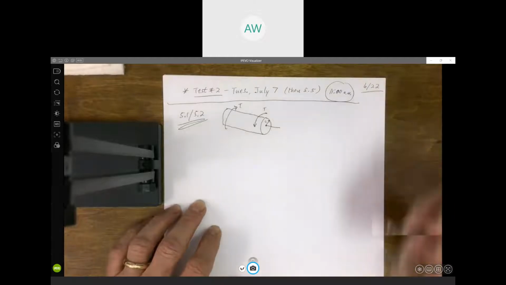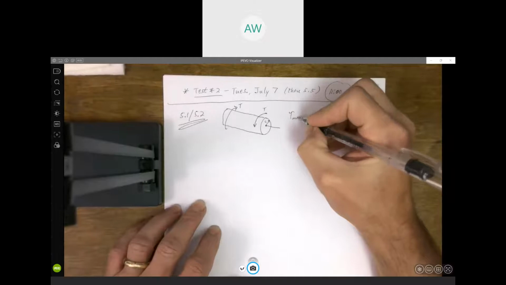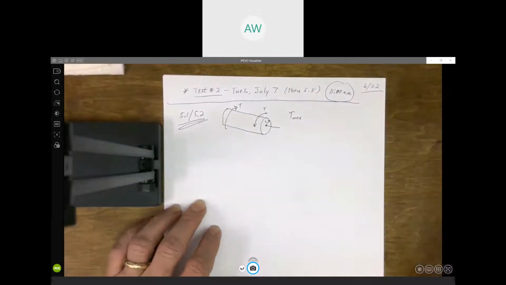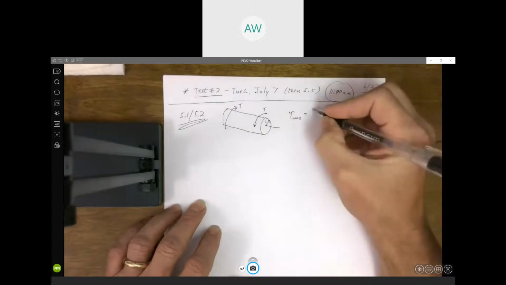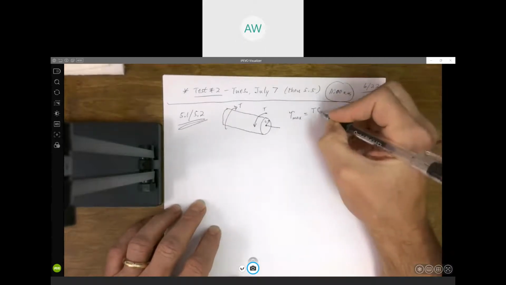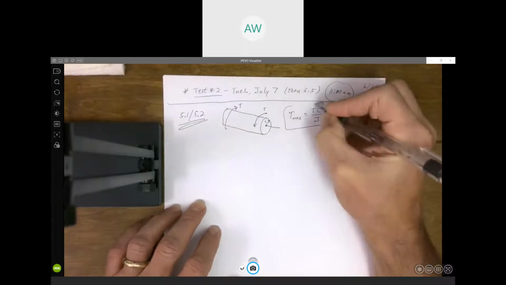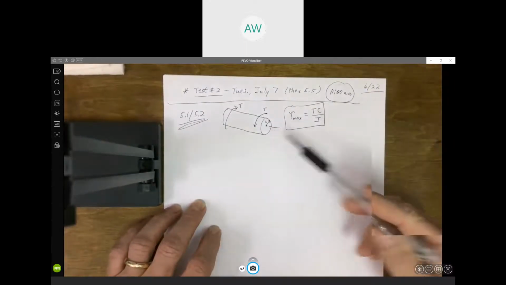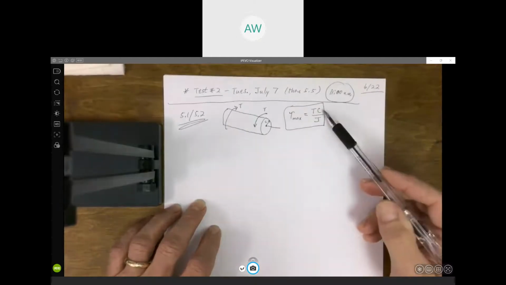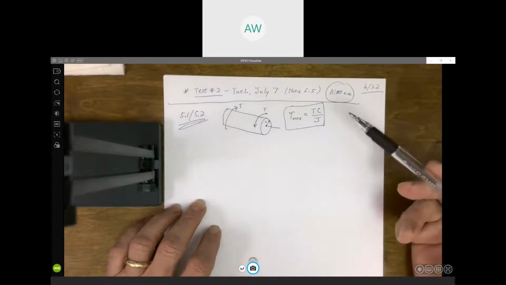We saw that this causes a shear stress, and the maximum shear stress is going to be located on that outer surface. The formula that we derived was Tc over J, where T is the applied torque to that section, c is the radius, and J here is the polar moment of inertia.